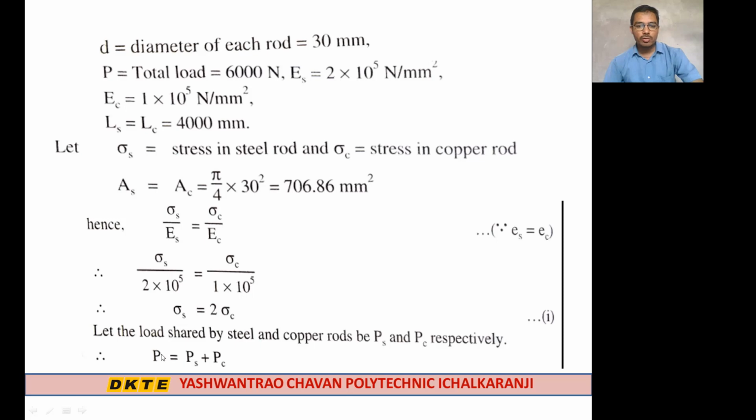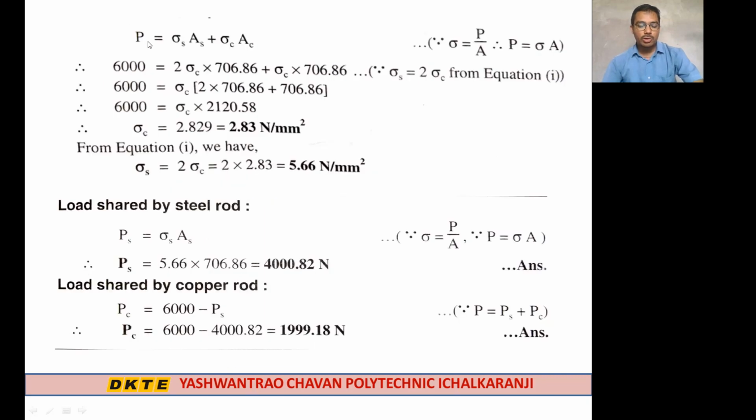This load is divided into two sections, that is PS and PC. Total load P is equal to sigma S AS plus sigma C AC. Put the value P is equal to 6000, sigma S is equal to 2 times sigma C, AS is known, 706.86, sigma C as it is, and AC is also 706.86.